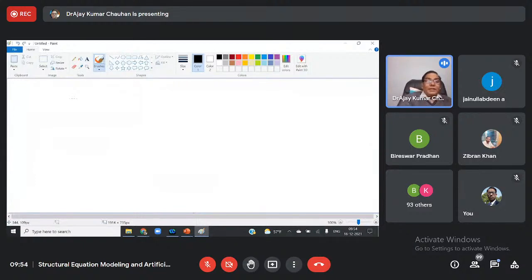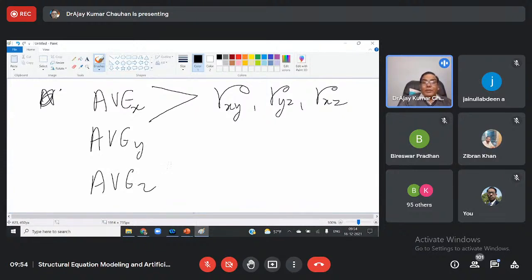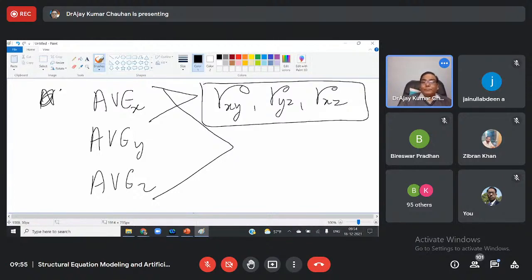Then the second is we want that AVE should be greater than any of the RXY, any of the RYZ, any of the RXZ. So AVE of X, AVE of Y, AVE of Z should be greater than all the three measures. This criteria is known as the Fornell-Larcker criteria.